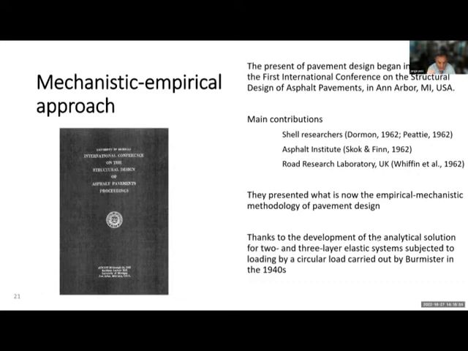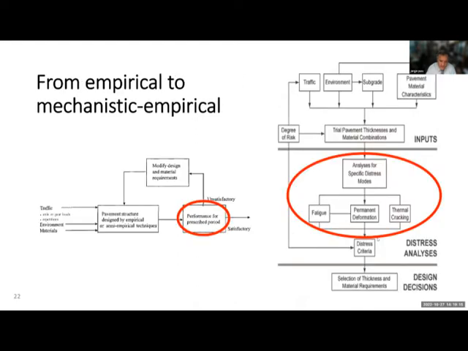So at that conference, they defined the Mechanistic-Empirical approach based on the evaluation of fatigue cracking and permanent deformation due to the pavement foundation. So the present starts at that time.